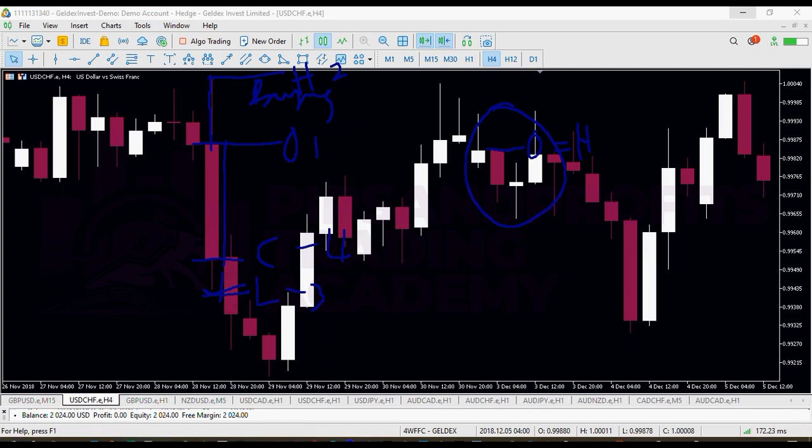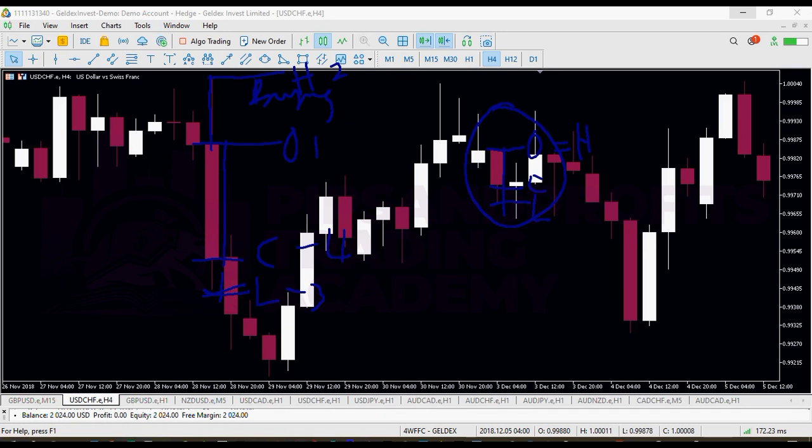After price opened, definitely it made a high, but here the high and the opening are the same. It now went down lower, and it was able to make a low.